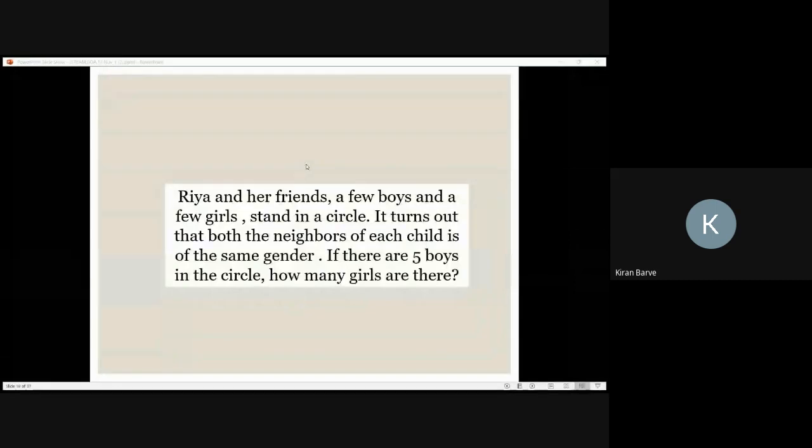Actually, if I can get a whiteboard and annotate on it, that may be better. Have you understood?